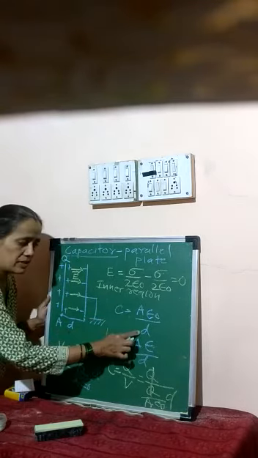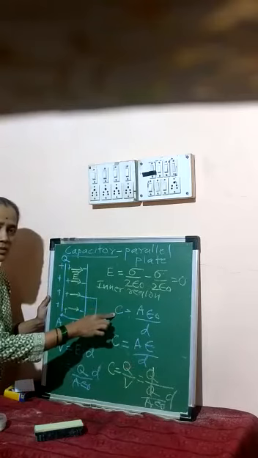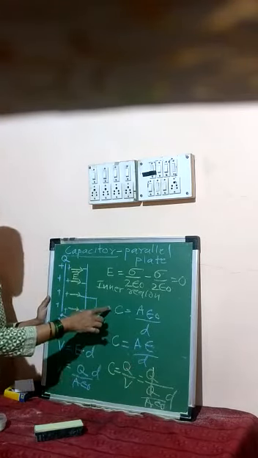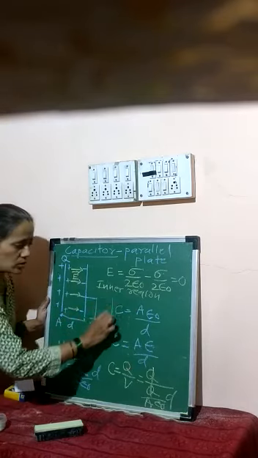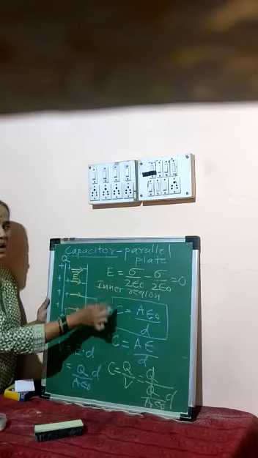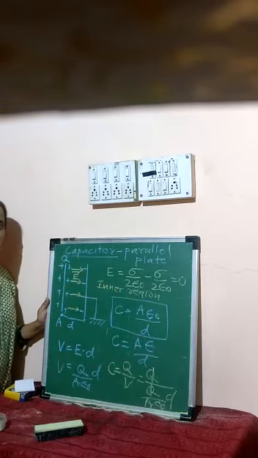So if the spacing between the plates goes on increasing, capacity goes on decreasing. If area increases, capacity goes on increasing. So this is the formula for the capacity of a parallel plate condenser. Thank you.